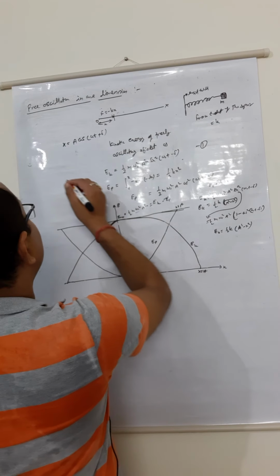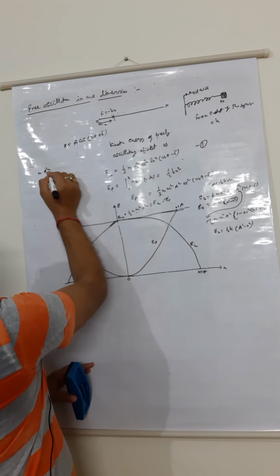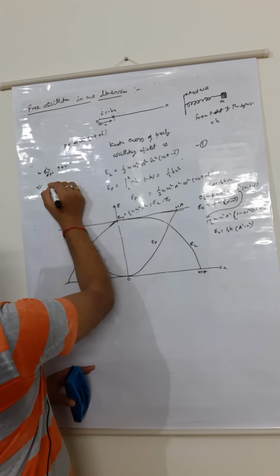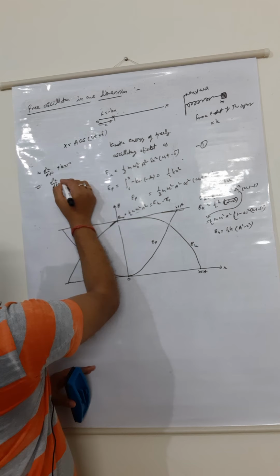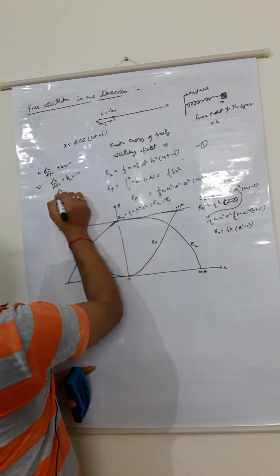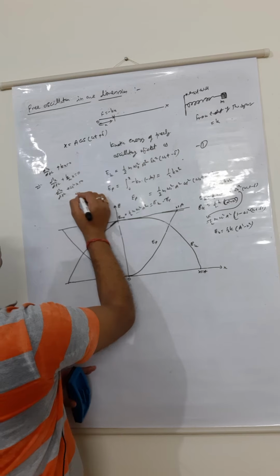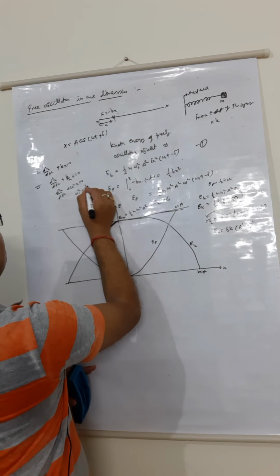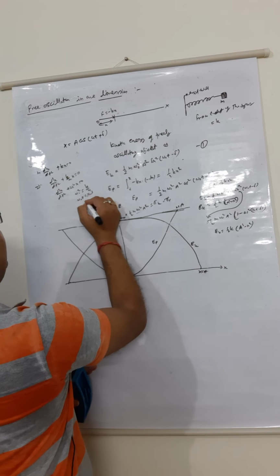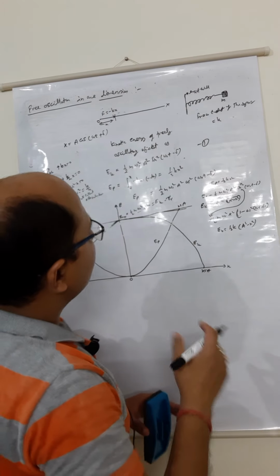We discussed yesterday that m d2x upon dt2 plus kx equals 0, or d2x upon dt2 plus k by m x equals 0, or d2x upon dt2 plus omega naught square x equals 0, where omega naught square equals k by m, and omega naught is called the angular frequency.